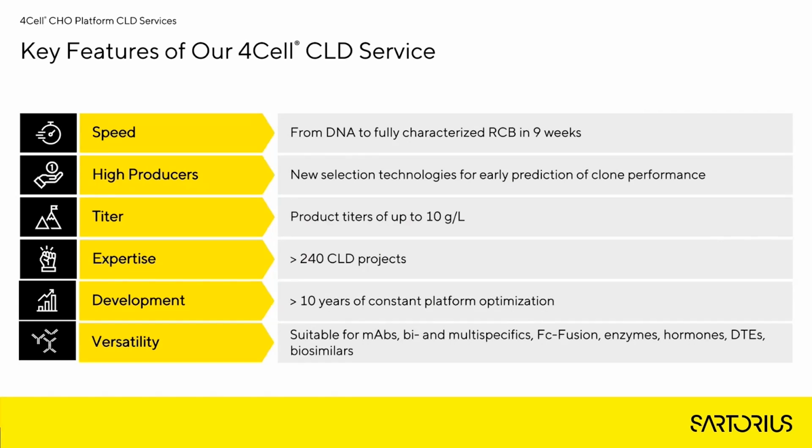Key features of our 4-cell CLD service are the speed. We go from DNA to fully characterized RCB in 9 weeks. Then the high producers we can generate. We have new selection technologies for early prediction of clone performance. Our titers, we can show product titers of up to 10 grams per liter.